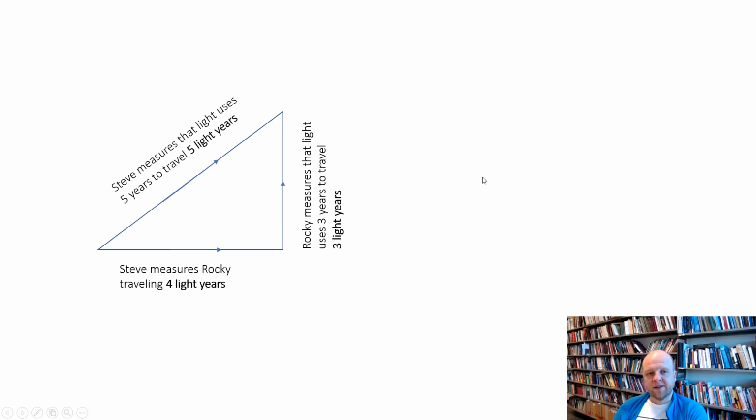So we see that there is this Pythagorean relationship on how you measure the proper time, because we see that this 5 years, the time that Steve measured, minus the distance 4 years squared, equals 3 years squared.